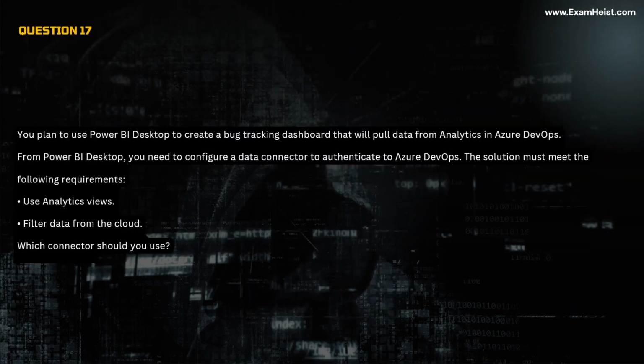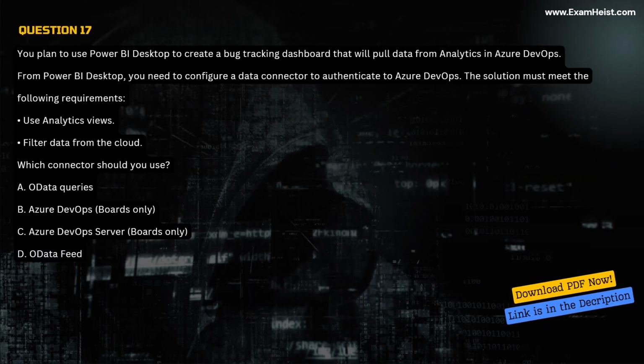Question 17. You plan to use Power BI Desktop to create a bug tracking dashboard that will pull data from analytics and Azure DevOps. From Power BI Desktop, you need to configure a data connector to authenticate to Azure DevOps. The solution must meet the following requirements. Use analytics views. Filter data from the cloud. Which connector should you use?